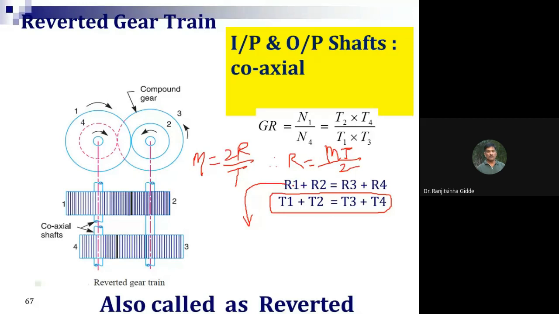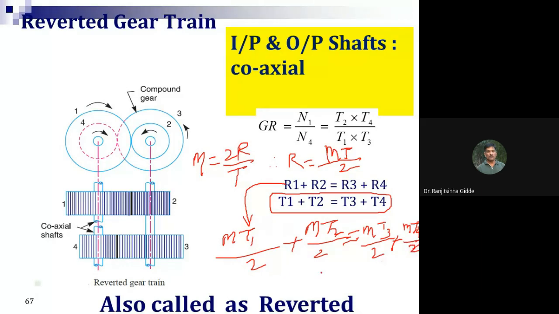So R1 we can write mT1 upon 2 plus mT2 upon 2 is equal to mT3 upon 2 plus mT4 upon 2.